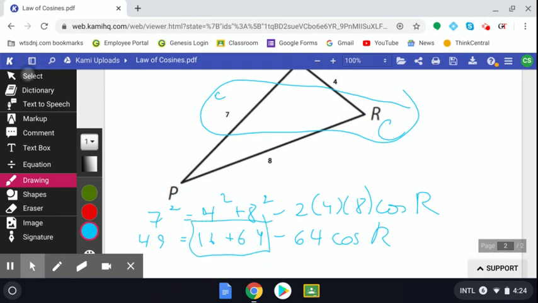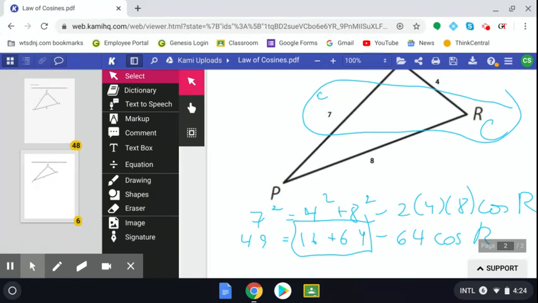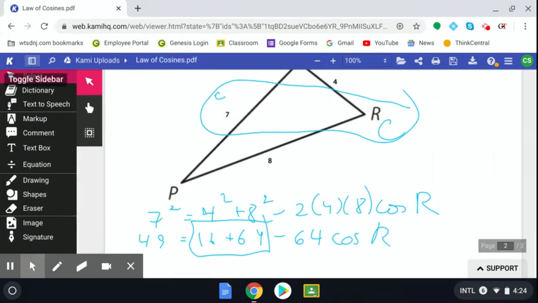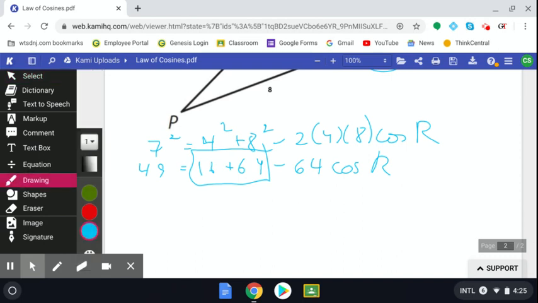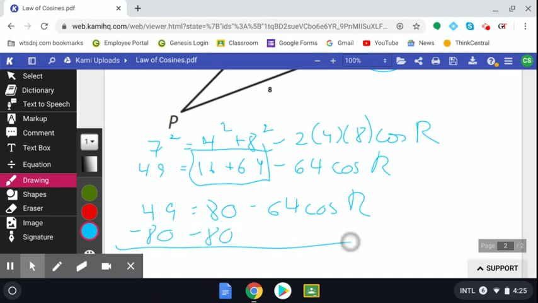So you get 49 is equal to 16 plus 64, 80 minus 64 cosine R. And now you have to subtract 80 from both sides. And then you do your inverse trig and you get the rest.